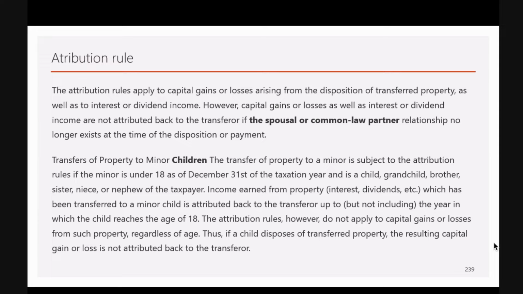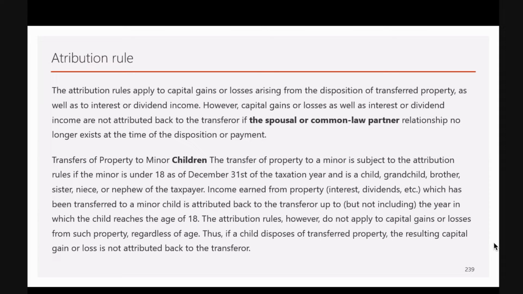If a person with a high income transfers to their kids after 18 years, after 18, the investment income is not attributed back.